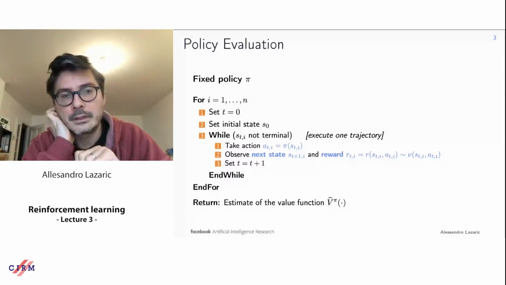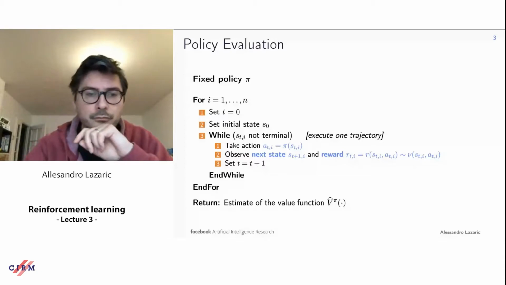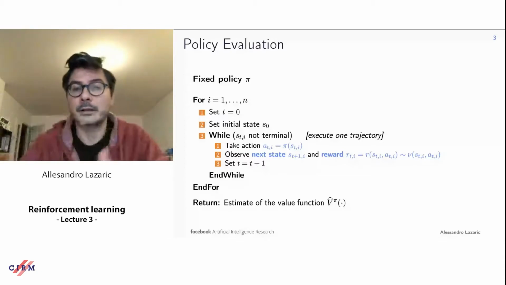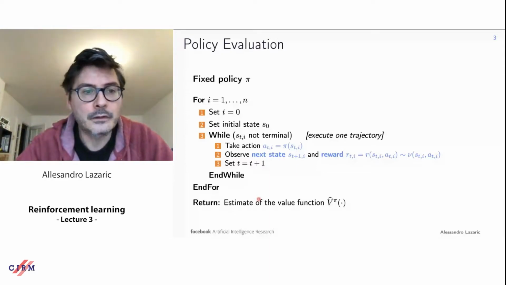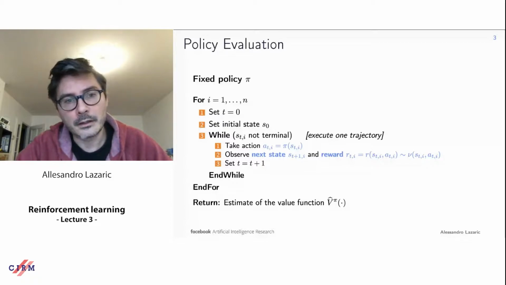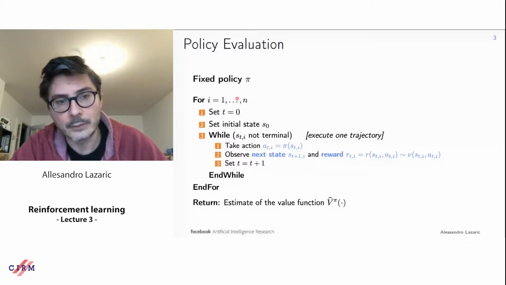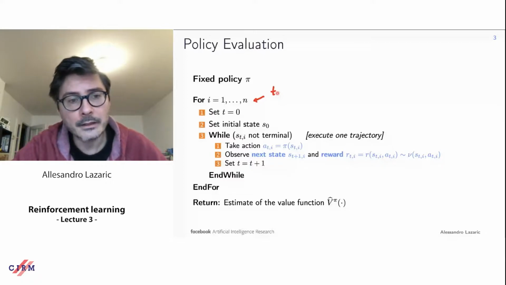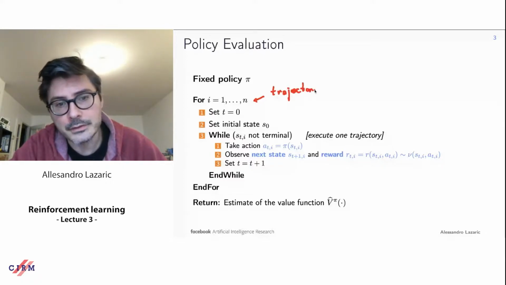And so we will be considering this type of scenario, which is now a totally online interactive scenario, where this outer loop here is basically a counter over trajectories. And then there is an inner loop here, which is over steps.